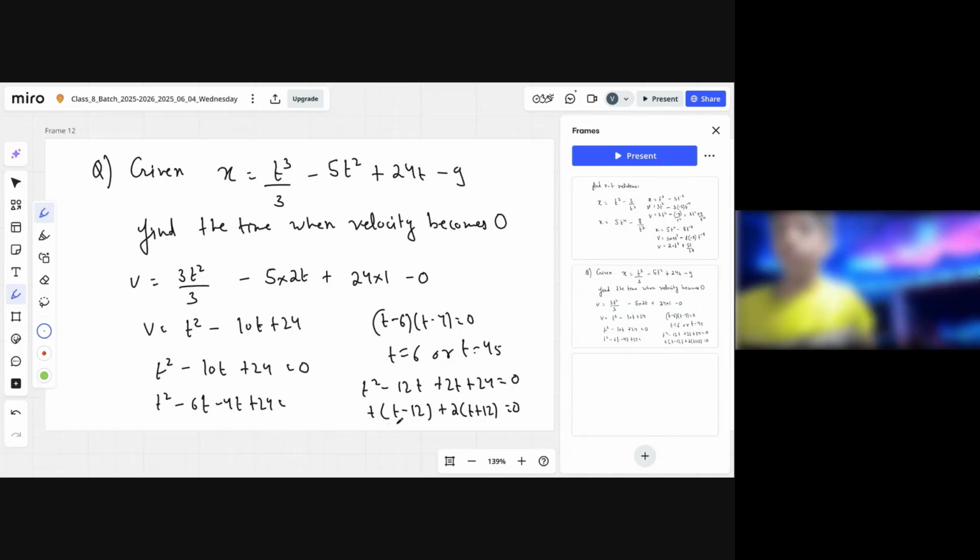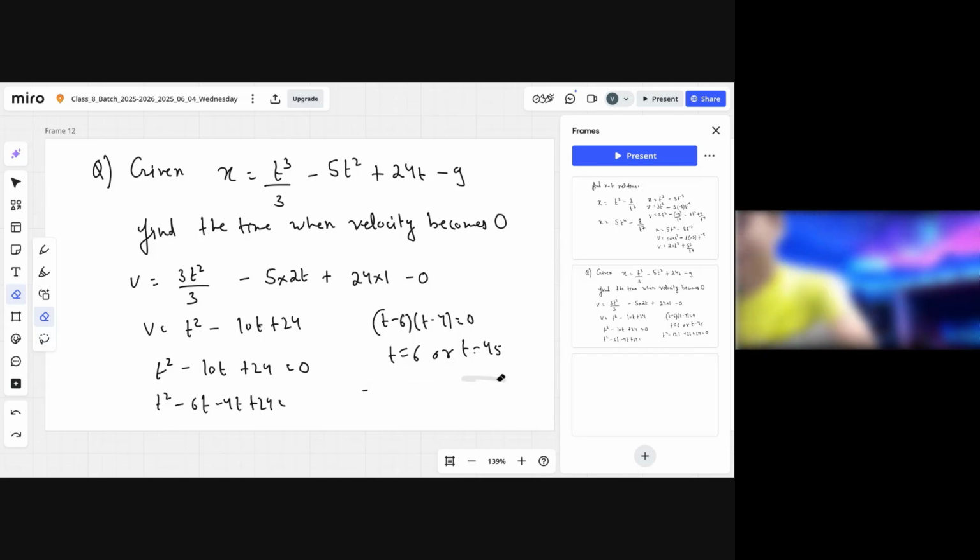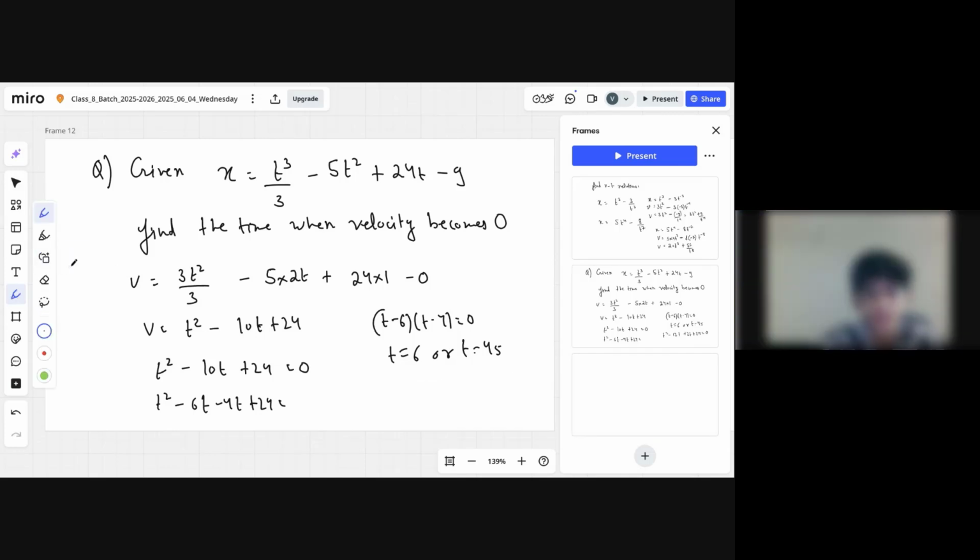Though the sum is the same, minus 10t. The sum is minus 10t, but the product of minus 12t and plus 2t should be the same as plus 24t square. But minus 12t and plus 2t, their product will be minus 24t square. Oh, okay, sir.